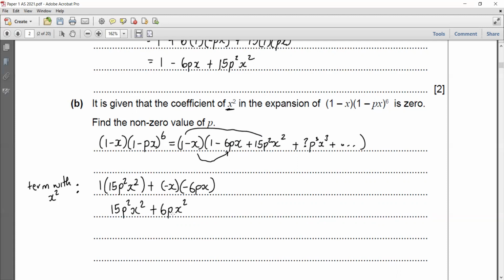All right, and then we can factor out the x squared. If I take the x squared out of 15p squared x squared, I'll be left with 15p squared. And for 6p x squared, if I take out the x squared, I'm left with 6p.